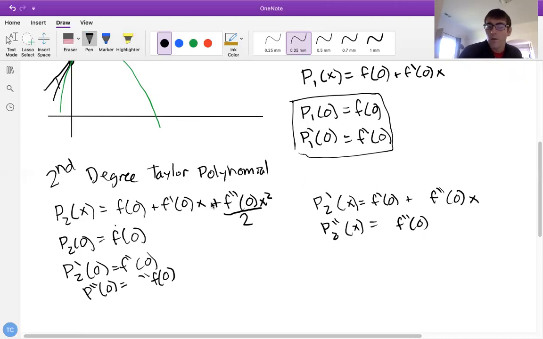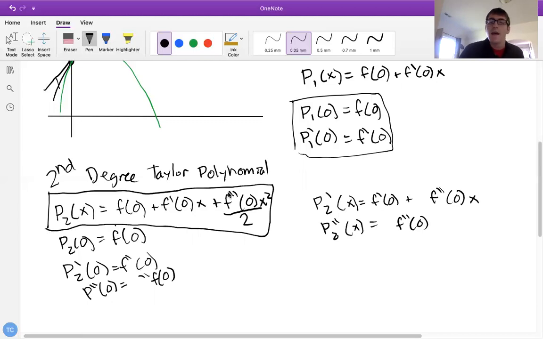So now with this new form, this is the general form for the second degree Taylor polynomial. If we have some function f of x, and we know it evaluated at 0, its first derivative evaluated at 0, and its second derivative evaluated at 0, this formula tells us what second degree polynomial matches our function f of x.